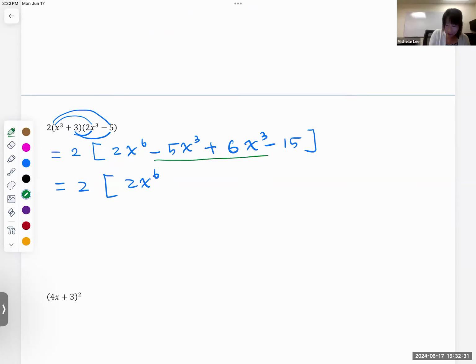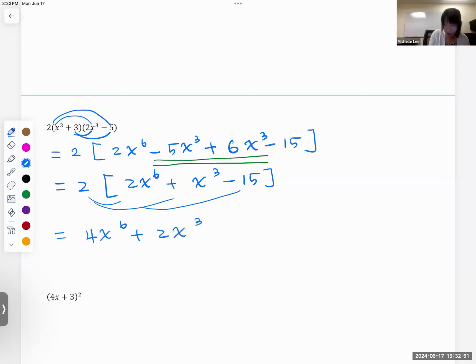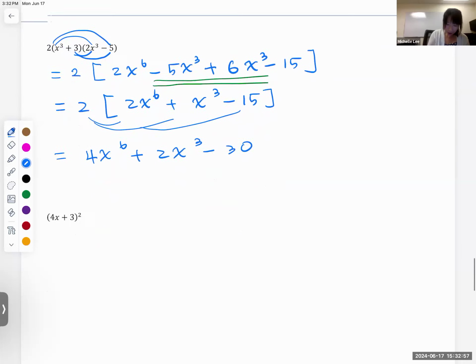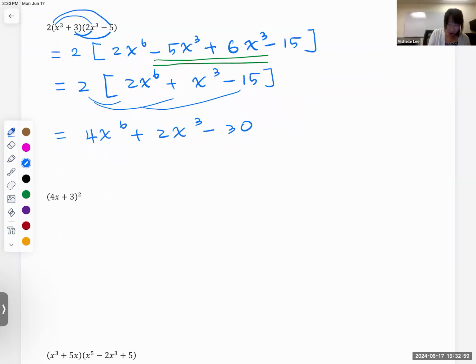They are like terms. So that will be positive x to the 3rd minus 15. Okay, now let's distribute, right? So that will be 4x to the 6th power plus 2x to the 3rd power minus 30, right?